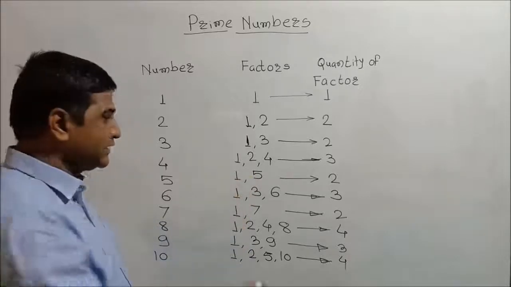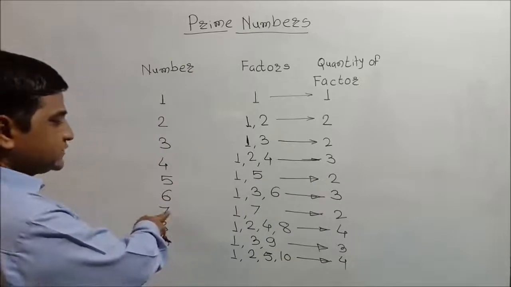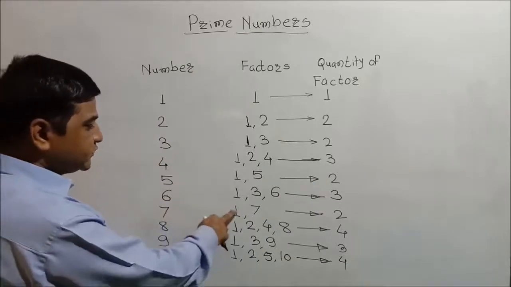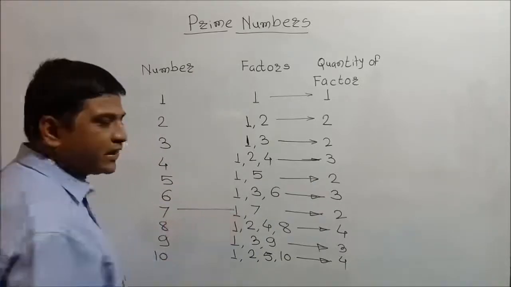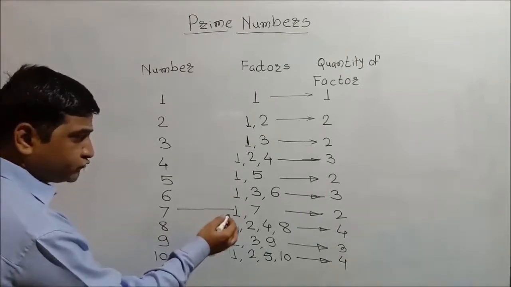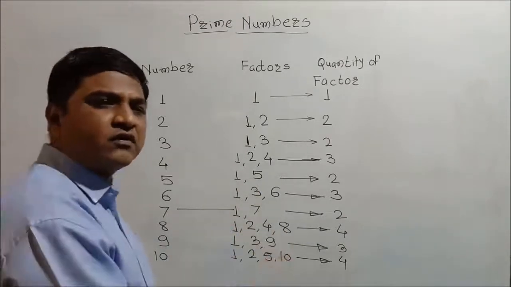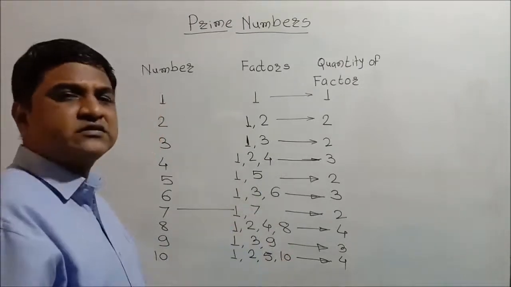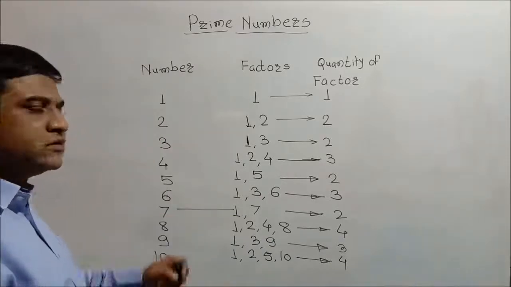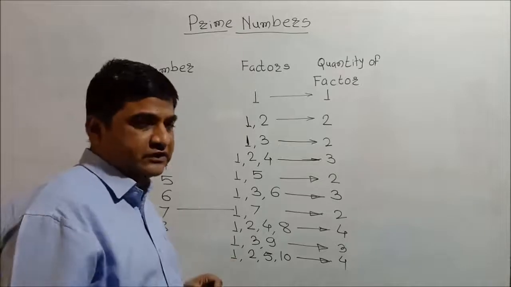No other number can divide 5. Next number 7, which can be divided by 1 and 7. So all these numbers are having only 2 factors, that are 1 and the number itself.